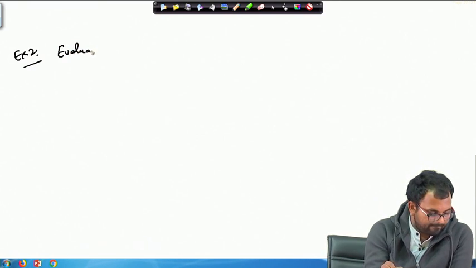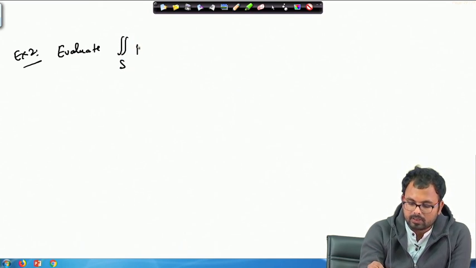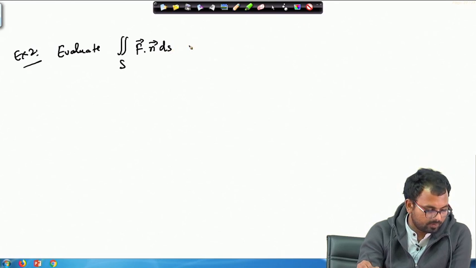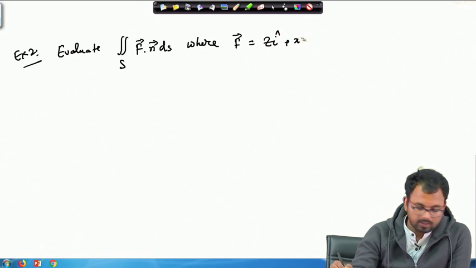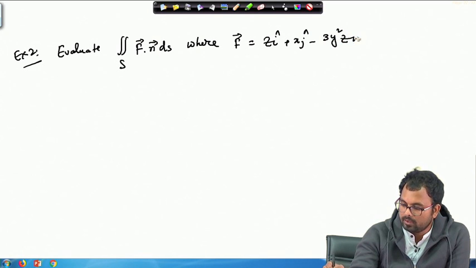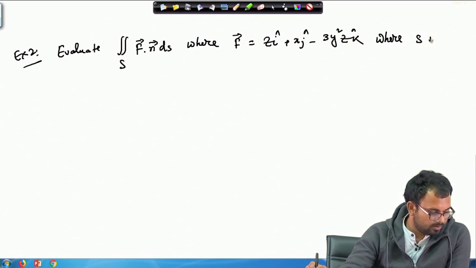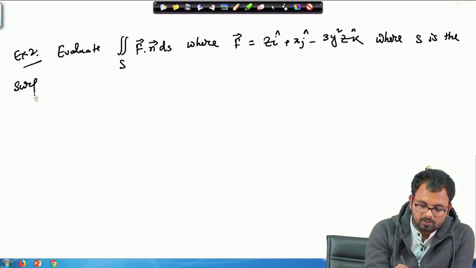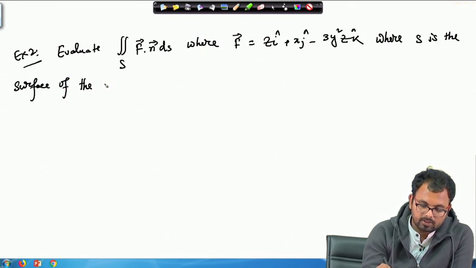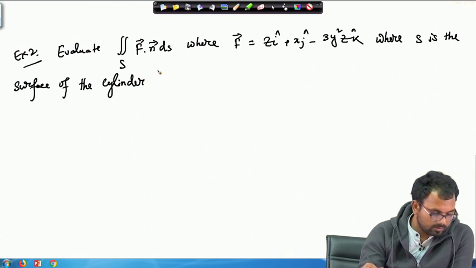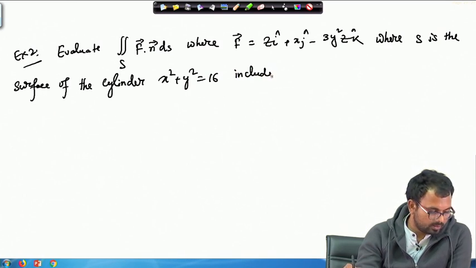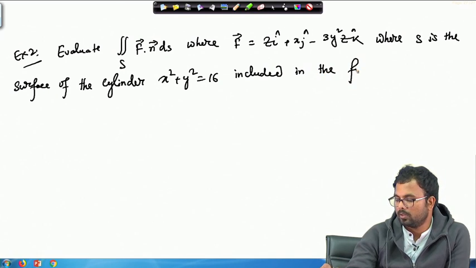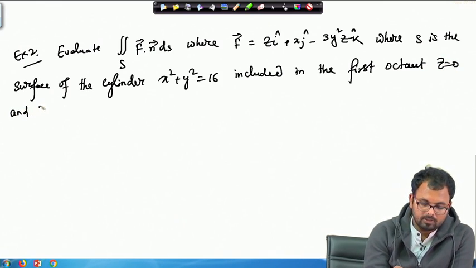Evaluate the integral over the surface S of f dot n dS, where f of x, y, z is given by z i plus x j minus 3 y square z k, where S is the surface of the cylinder x square plus y square equals to 6 included in the first octant between z equals to 0 and z equals to 5.